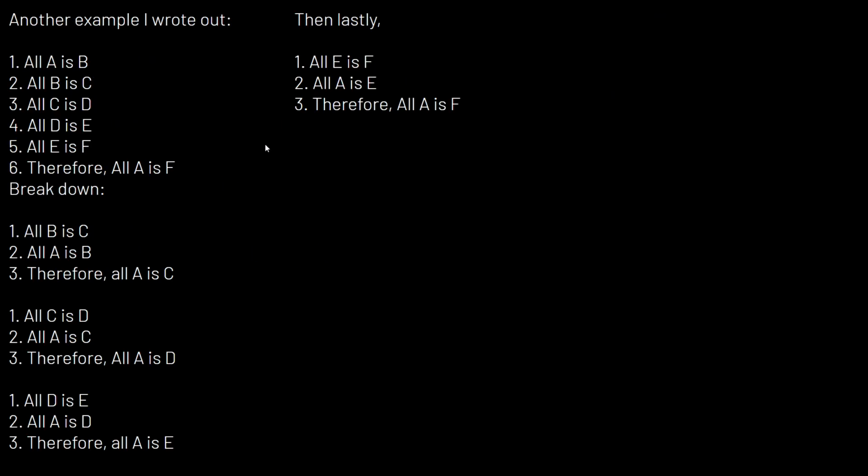Thus, another example I wrote out, this is another sorites. For example, all A is B, all B is C, all C is D, all D is E, all E is F, therefore all A is F. And then I broke it down into all B is C, all A is B, therefore all A is C. And then another is all C is D, all A is C, therefore all A is D. But if all D is E, that is from the sorites premises, and all A is D, therefore all A is E. And then lastly, if all E is F and all A is E, then therefore all A is F, which is the same conclusion from the sorites that I wrote down.